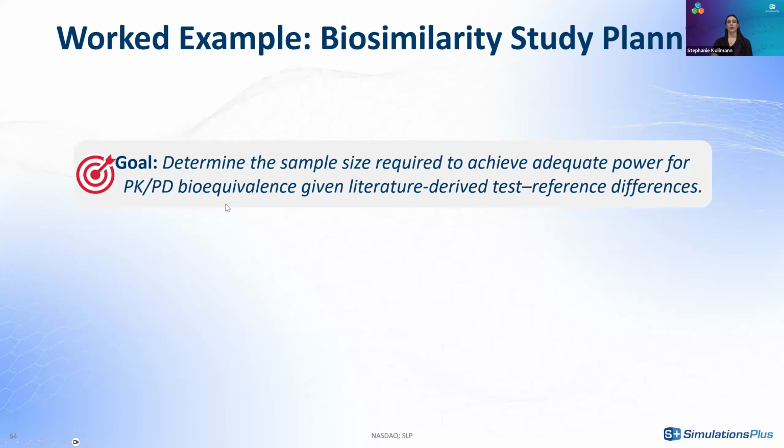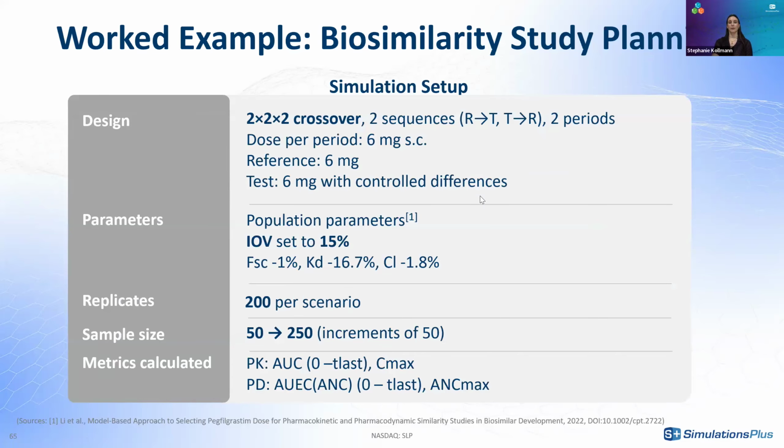So the goal is to determine the sample size required to achieve adequate power for PK/PD bioequivalence given the literature-derived test differences. The simulation setup is almost the same as in the previously shown analysis.